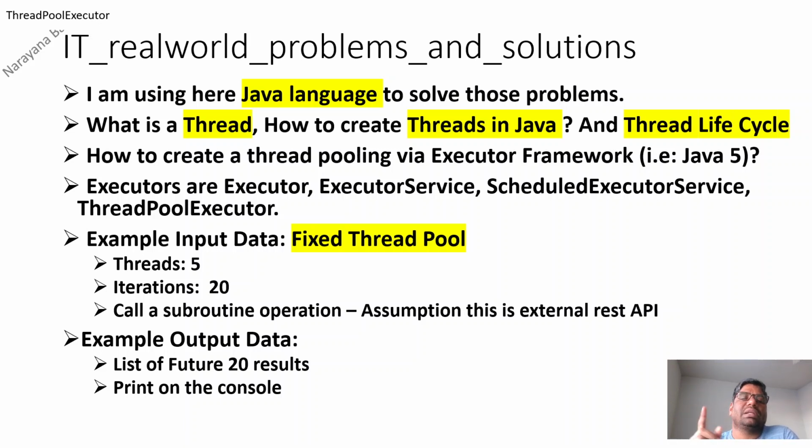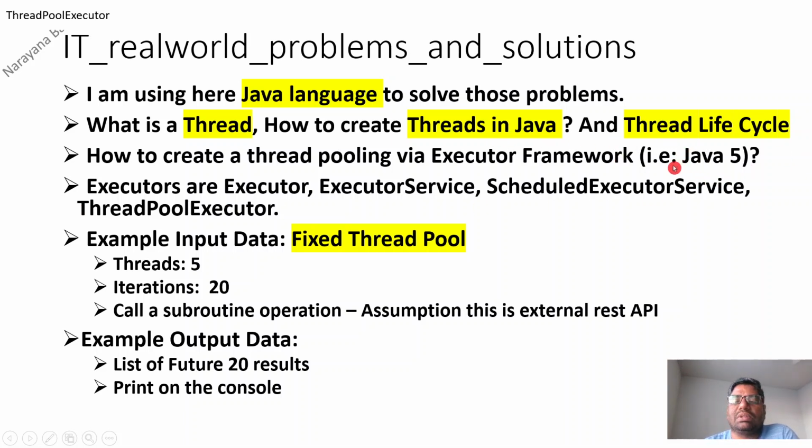If I make them sequentially and then collect the result, it will take a lot of time. Instead of that, I want to make the calls in parallel, collect the results, aggregate, and then build on top of that whatever we wanted to do. So for that, you need a pool of threads, right? So we will try to understand the executor framework, which was introduced in Java 5, JDK 5.